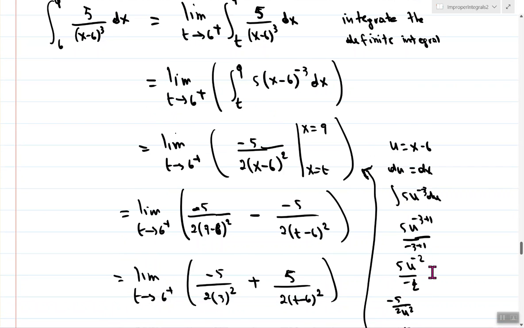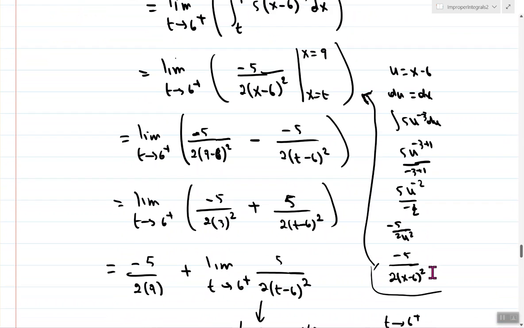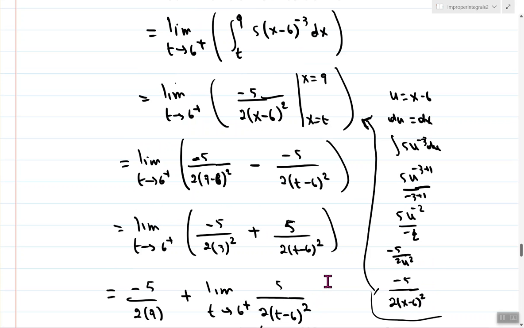I'll use the power rule of integration to get 5 times u to the negative 2 over negative 2, which you can write as negative 5 over 2u squared if you bring it down. And then you replace u by x minus 6, you get negative 5 over 2 times quantity x minus 6 squared. So this is the answer of the integral without being evaluated yet.